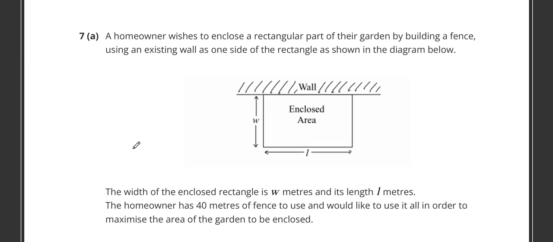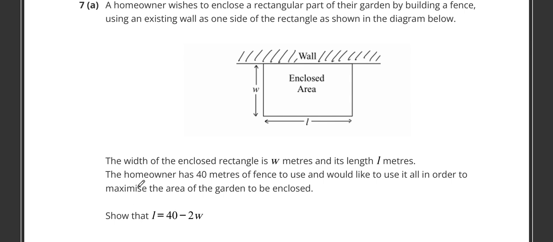The homeowner has 40 meters of fence to use and would like to use it all in order to maximize the area of garden to be enclosed. Show that L is equal to 40 minus 2W. What is 40, by the way? It says the homeowner has 40 meters of fence to use and would like to use it all. 40 meters is the fence. Okay, quite easy.